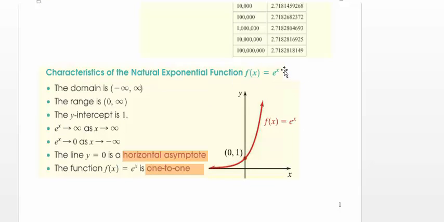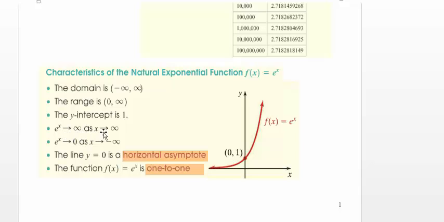Notice this irrational number has a decimal form that never ends or repeats. So I could never finish writing the number e. But notice this value that we see at the bottom of the chart, where n is 100 million, is only an approximation of the value of e.